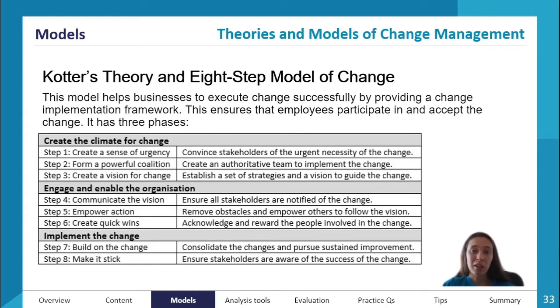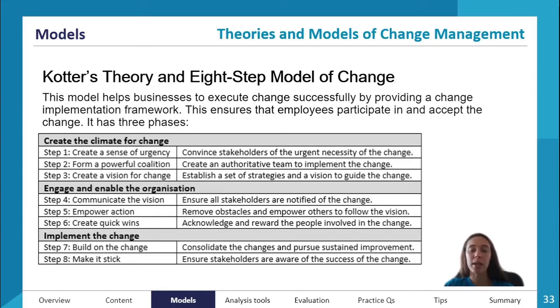Something that might be a little bit trickier for you to remember is Kotter's theory, so his 8-step model of change. This model helps businesses to execute change successfully by providing that framework for the implementation of a change.